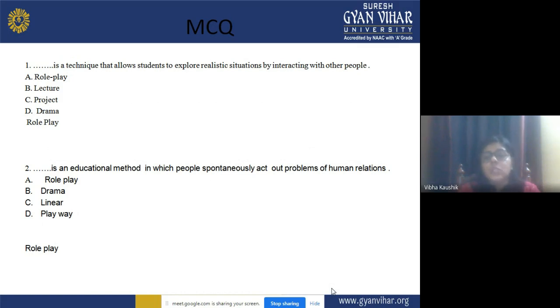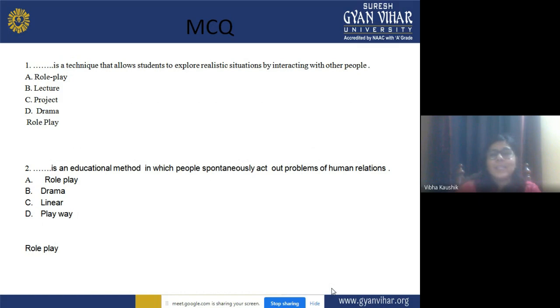The options are A. Role play, B. Lecture, C. Project, D. Drama. You have to select the correct answer on the basis of the given choices, and the correct answer is option A, that is role play.